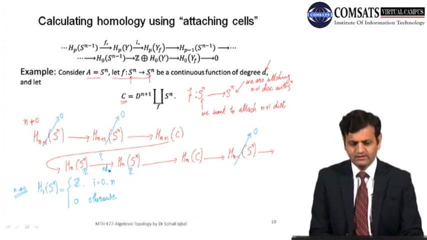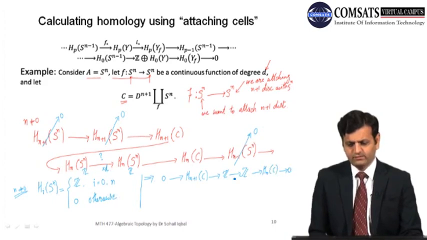So that's the map between these two homology groups if f is a continuous function of degree d from Sn to Sn. This whole discussion implies that we have the following situation. Starting from 0, everything else on the left is 0, so 0 goes to H n plus 1 C, goes to Z, goes to Z, goes to H n C, goes to 0, and this map is basically multiplication by d.